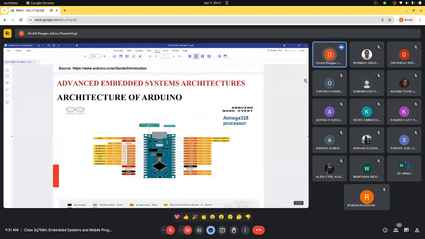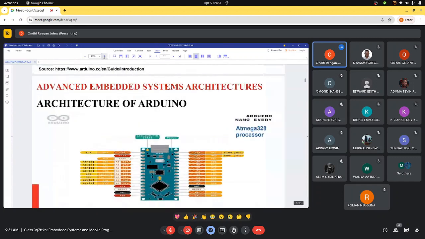So the architecture of Arduino. From my design, the microprocessor that is sitting on this particular board is the ATmega328 processor. The one that we are going to use for learning is the Arduino Uno version.